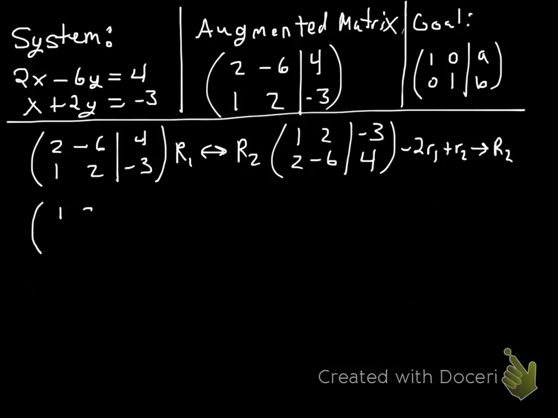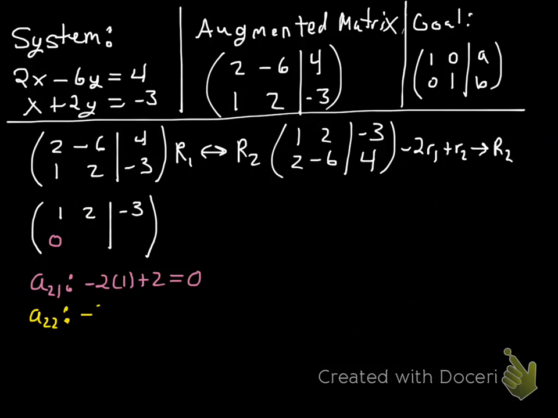So the top row is unchanged. The bottom row is going to be nice and colorful. So second row, first column, -2 times 1, and we're going to add that to the existing 2 that lives there. It gives us 0. Second row, second column, -2 times 2 plus -6. So -2 times 2.